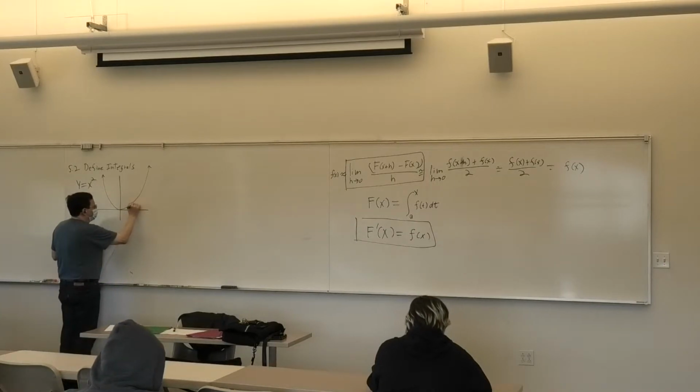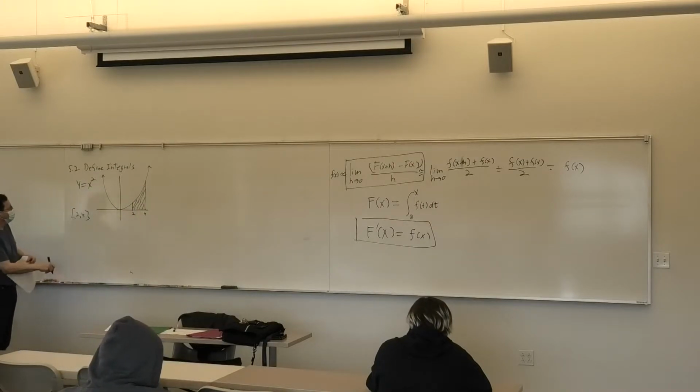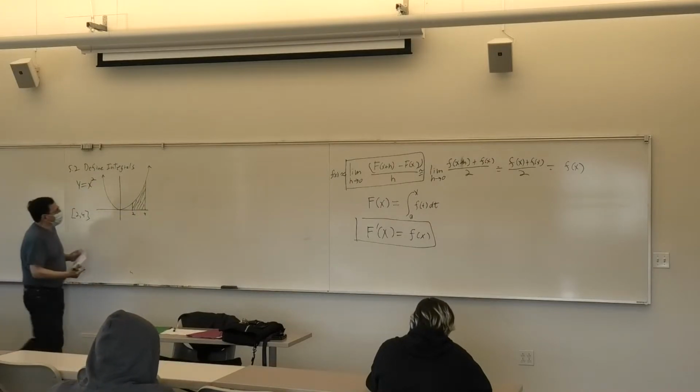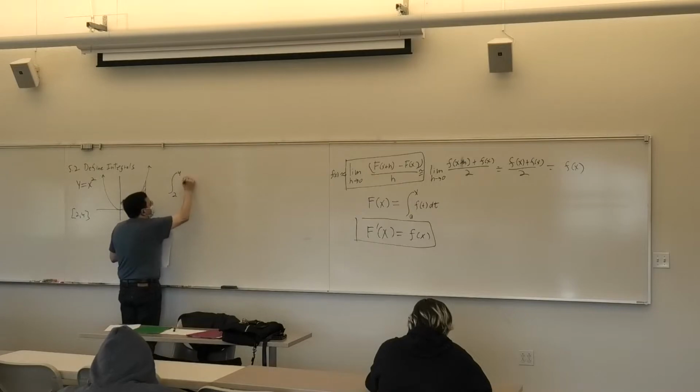So we've got a point here, 2, and a point 4, kind of this area that we want to calculate. So let's write this as an integral. It's the integral from 2 to 4 of x squared dx.